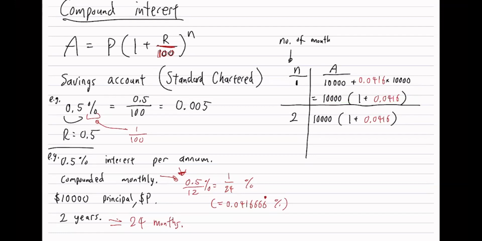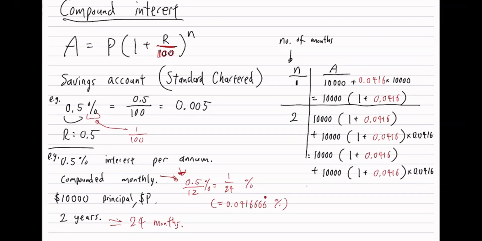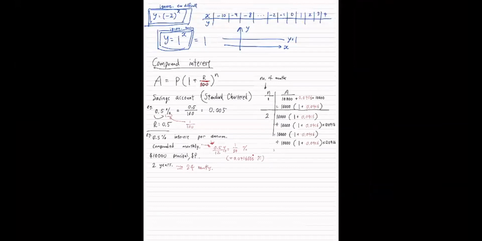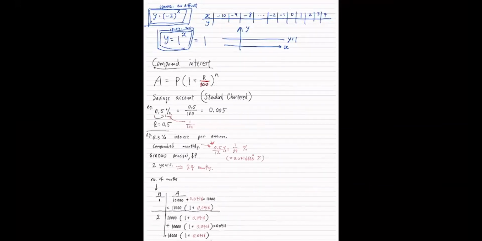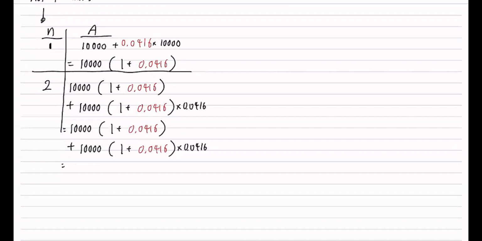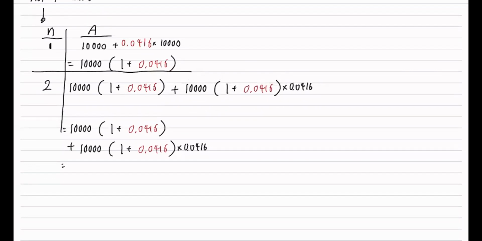So at the end of 2 months, how much money will be in your bank? The amount from before, but you have to add on the interest you earn, which is the exact same amount, but you multiply by the interest percentage. Now, if you multiply in, what do you get? If you try to simplify this, I'll put it side by side so it looks nicer.